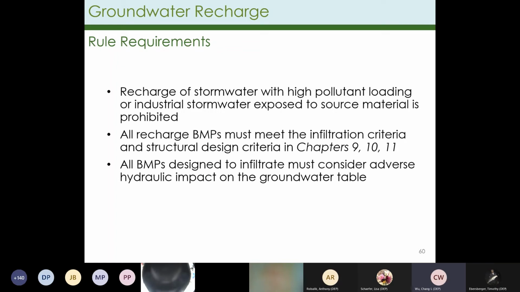And all the designs have to meet the design criteria of the BMP in Chapters 9, 10, and 11. And also when you have a BMP designed to infiltrate, you have to consider the adverse hydraulic impact, which is the groundwater mounding analysis you have to show in the report.